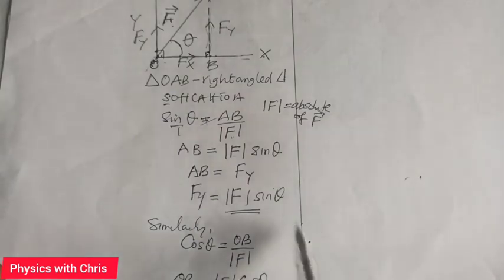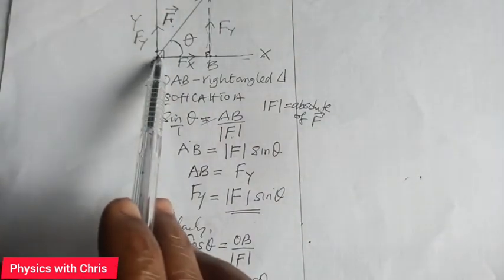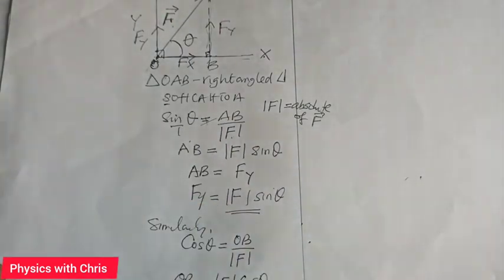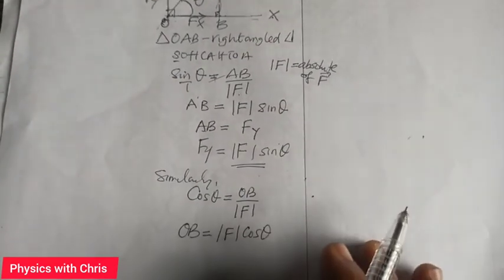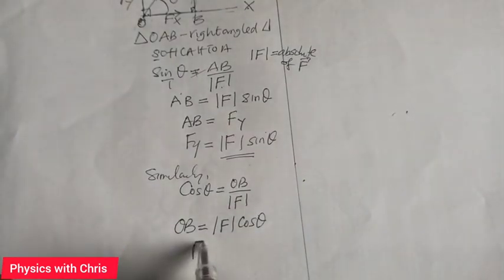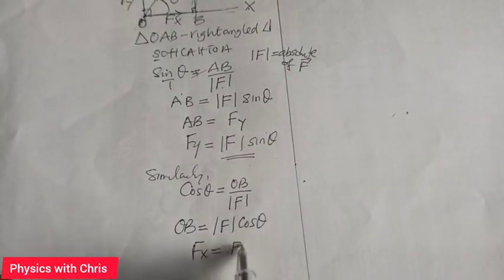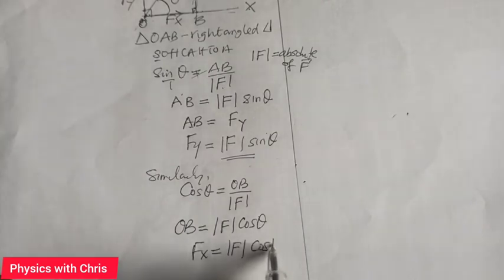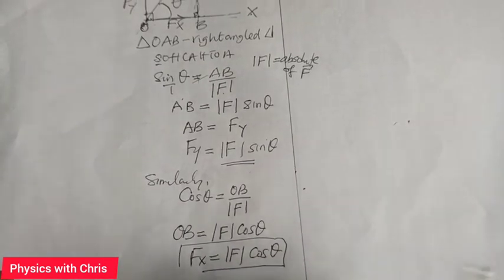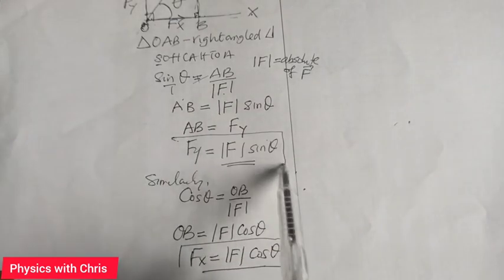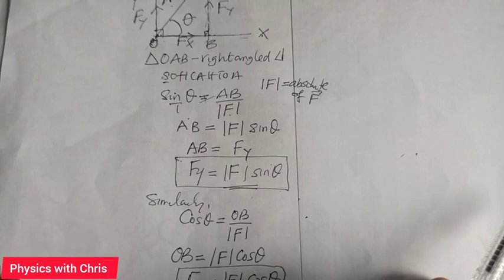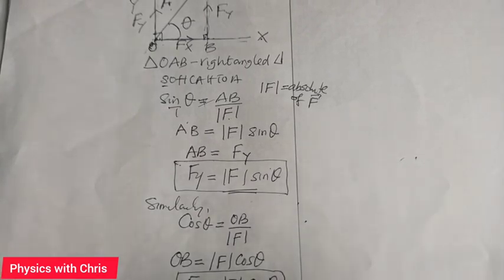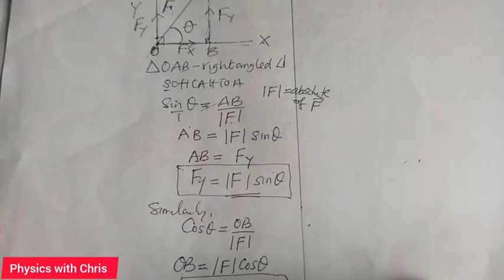That is the component of vector F that is acting along the x-axis. So since OB equals Fx, I can replace my OB with Fx. That gives me Fx is equal to modulus F cos theta. So with this equation and the other one, I can have the two different components of vector F. And the two components are acting at right angles to each other.